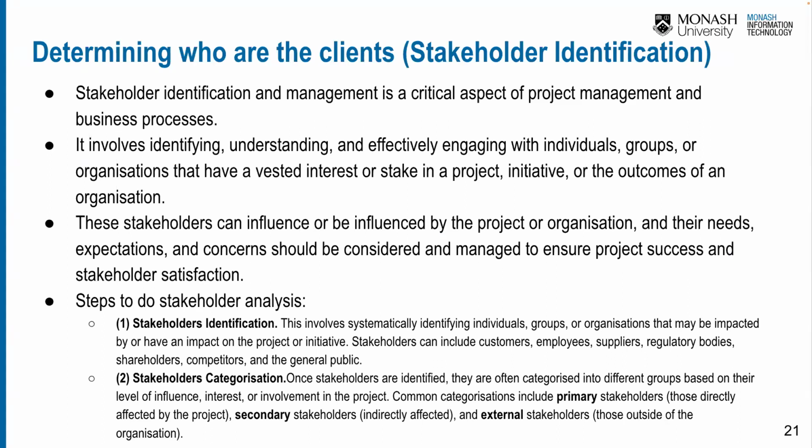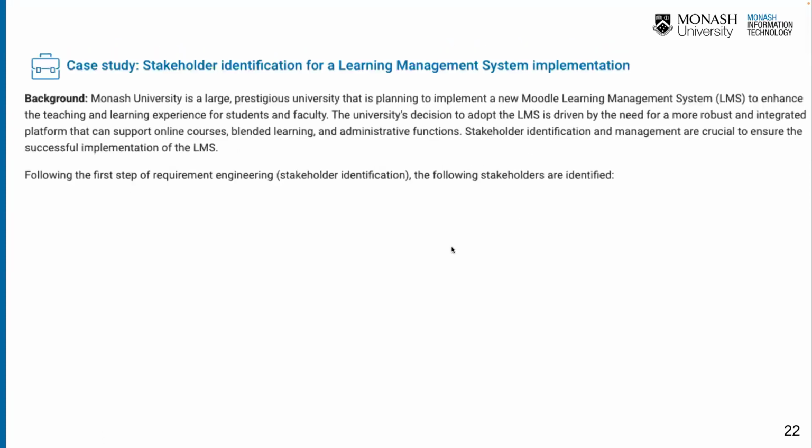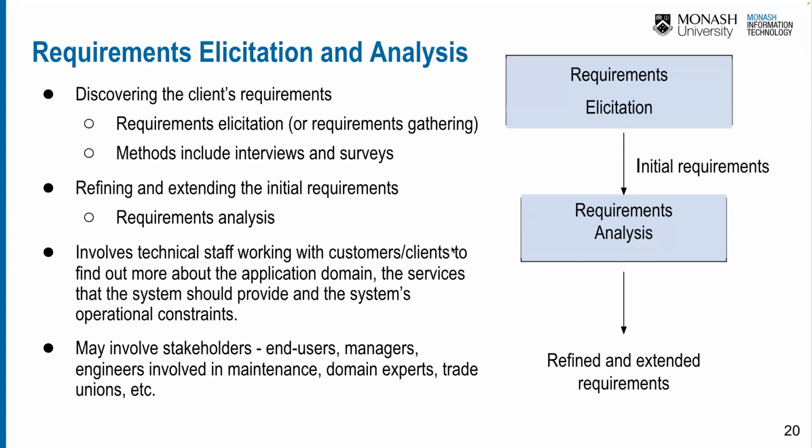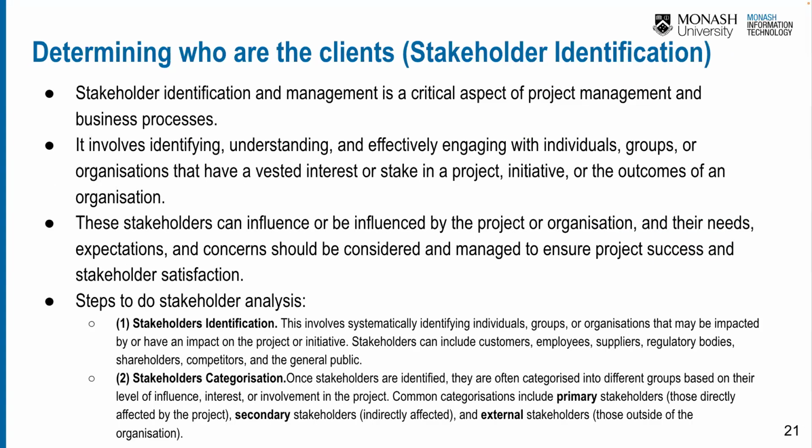Okay. So during the requirement elicitation, the key point here is, who should we elicit with, right? That part is called stakeholder identification. We need to determine who the clients are for this particular application or product.